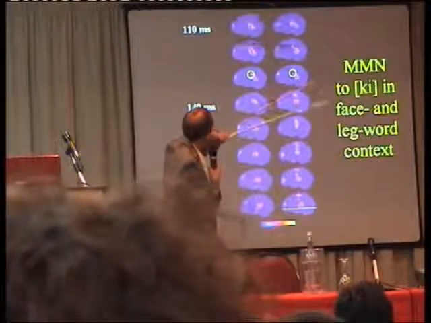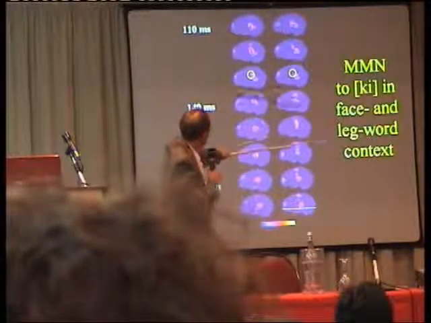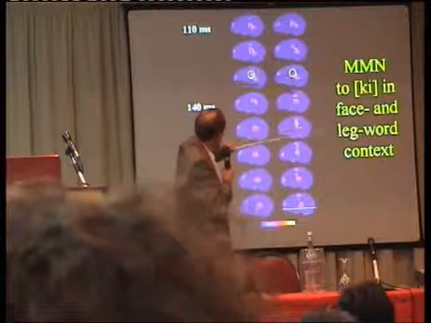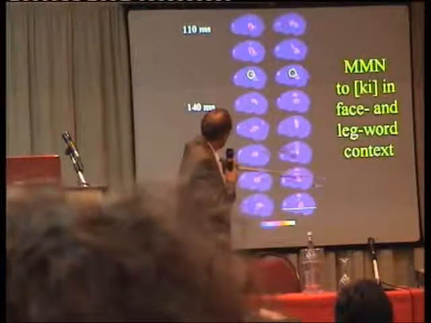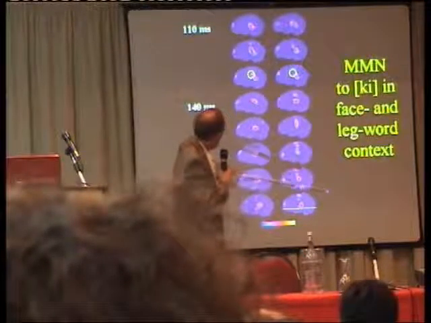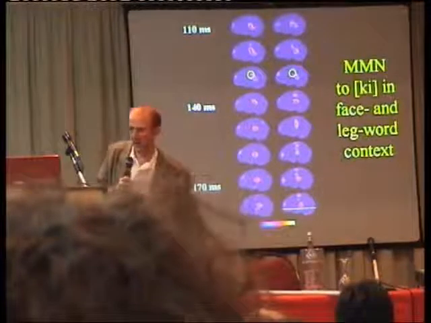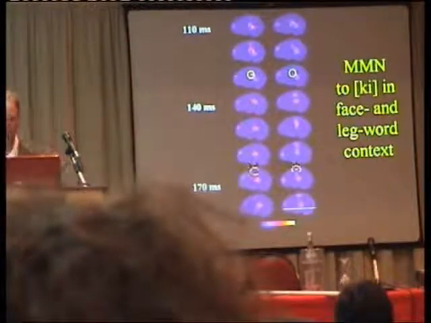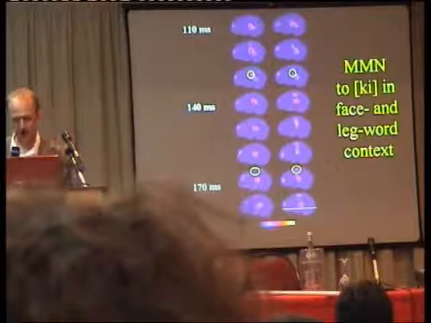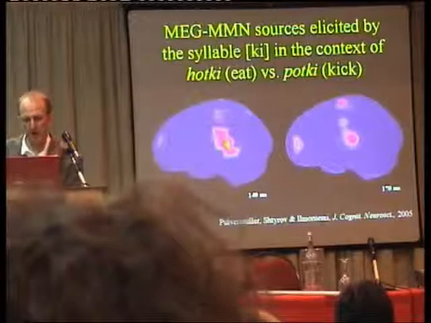Now here on the right we have words that refer to leg movements, and here you see this activation coming up at the top slightly later, but still at around 170 milliseconds, which is still very early.